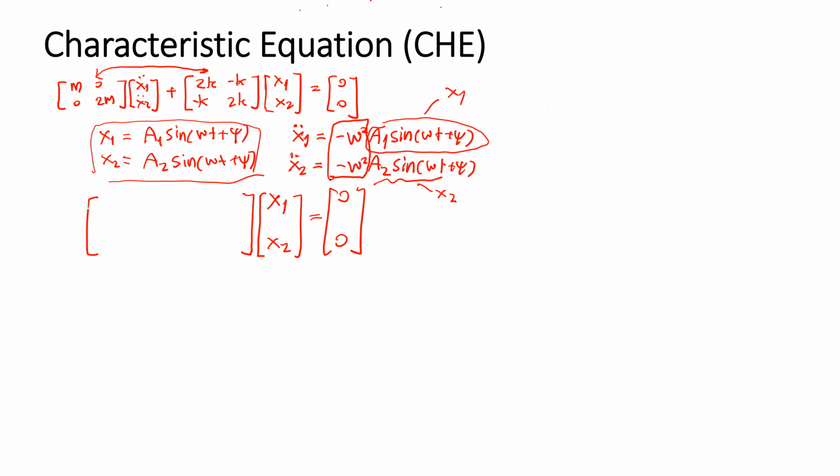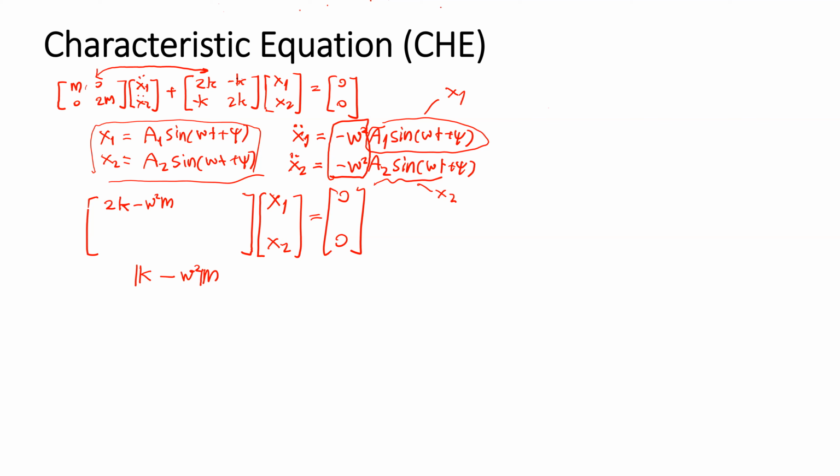To combine the matrices, we still keep the stiffness matrix and subtract omega square multiplied by the mass matrix. So we still keep the stiffness matrix, but the mass matrix is multiplied by minus omega square. So this will be minus omega square m.